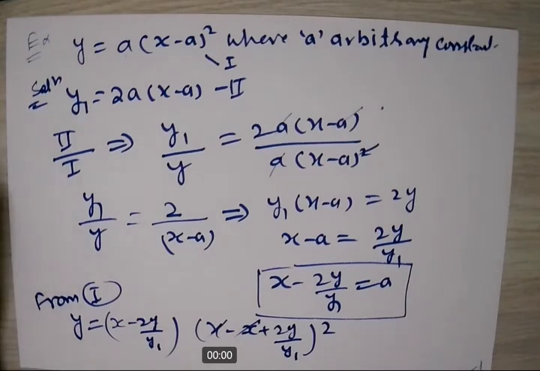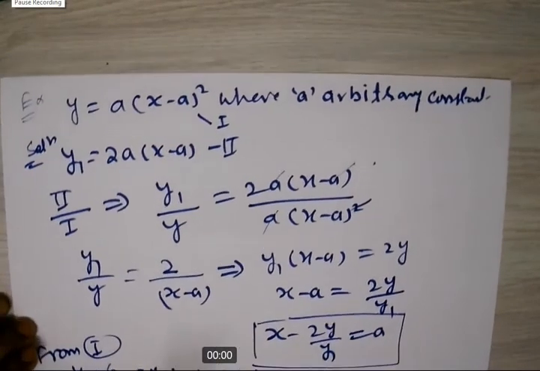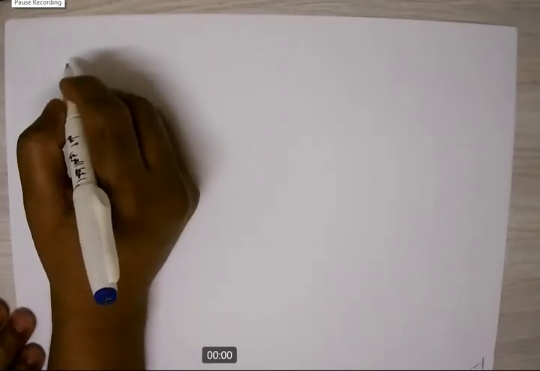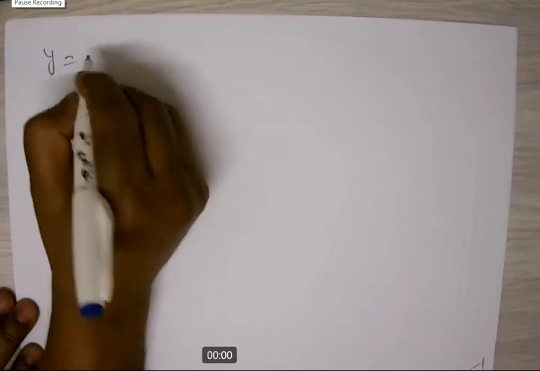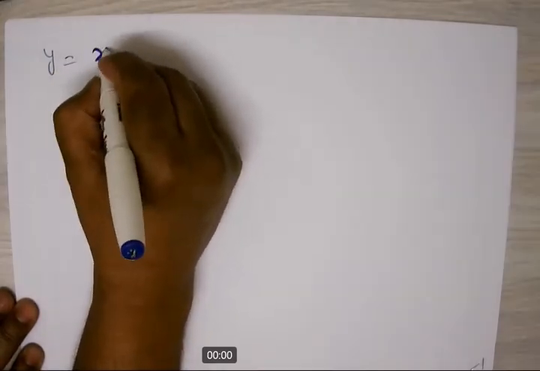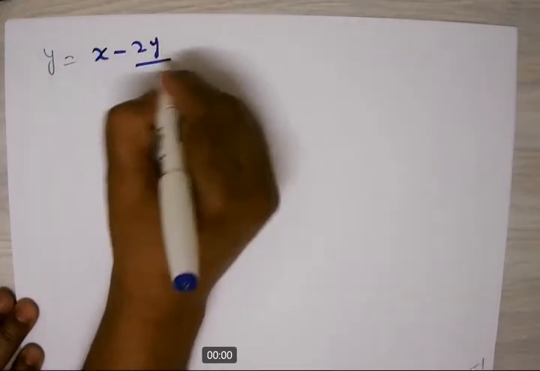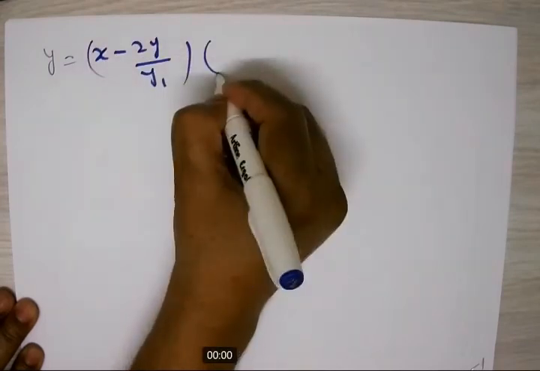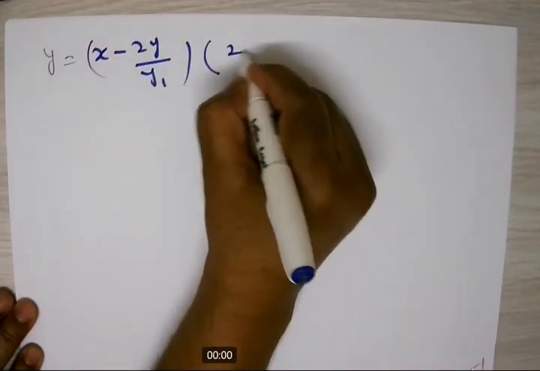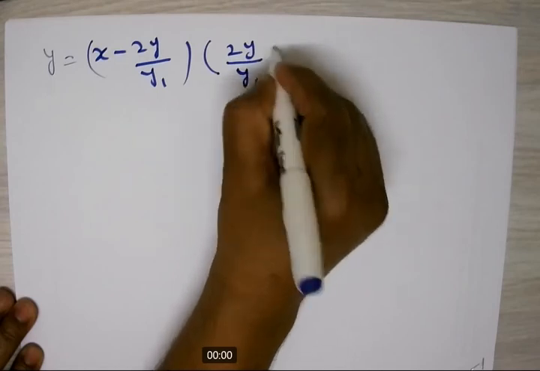Whatever you have, that is the formation of the differential equation. Now I am going to simplify this. After cancellation, y equals (x − 2y/y1) times, and after cancellation of x, it is (2y/y1)².